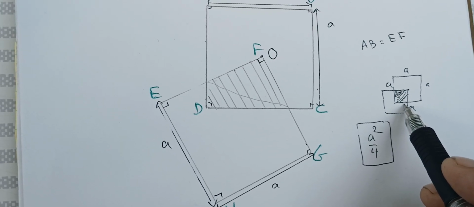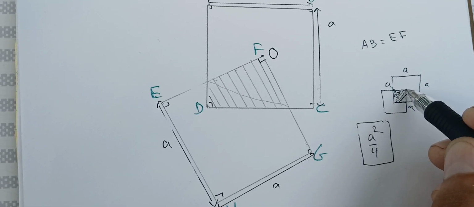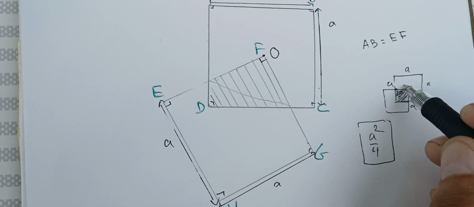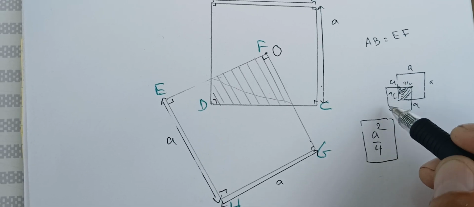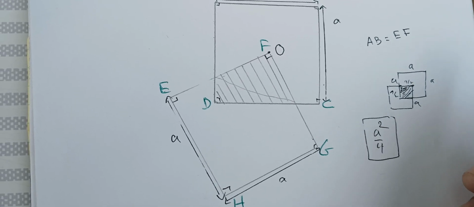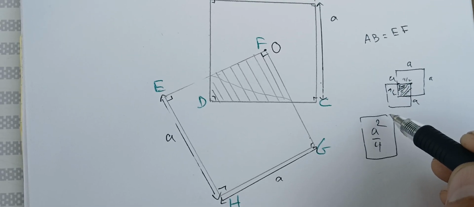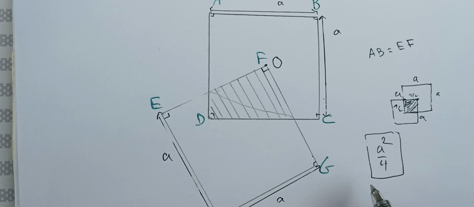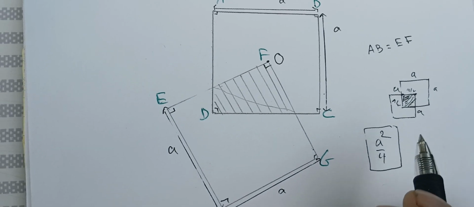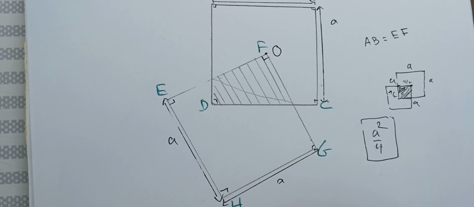In this case, since this is the center, we still have A over 2 here and A over 2, and therefore this is a square, and the area is A over 2 times A over 2, which is A squared over 4.